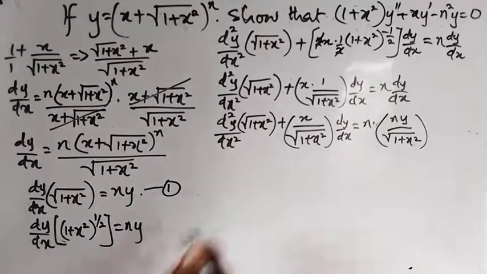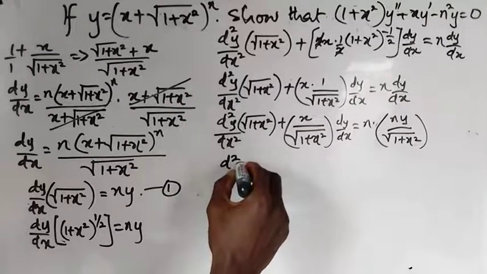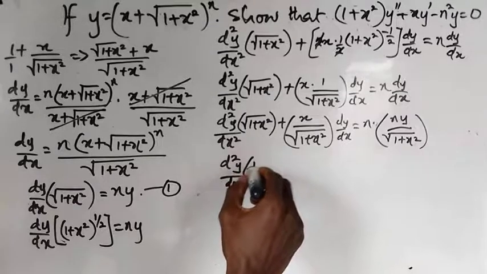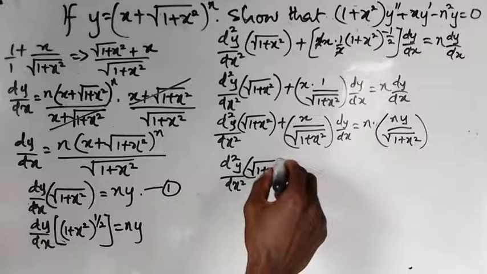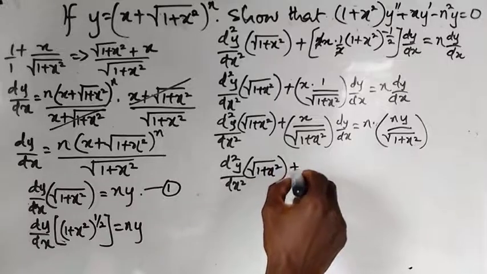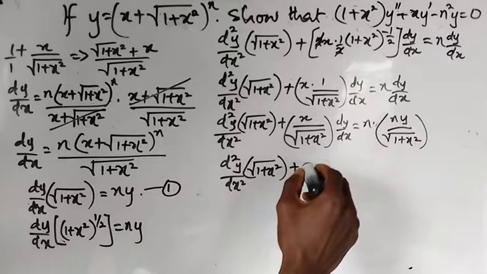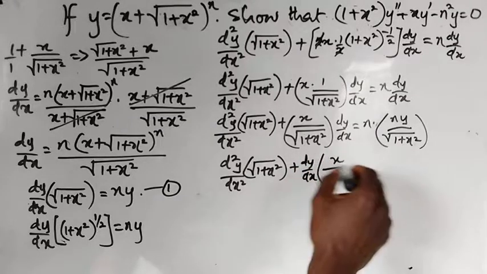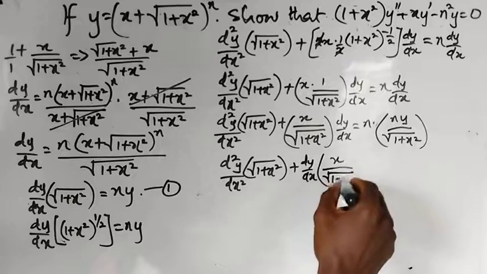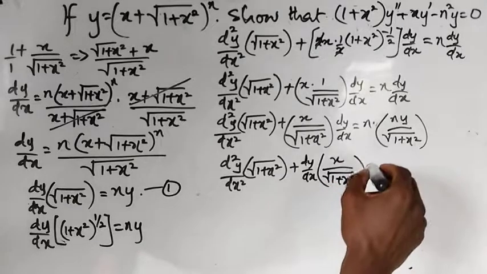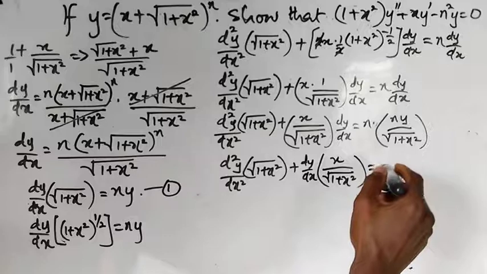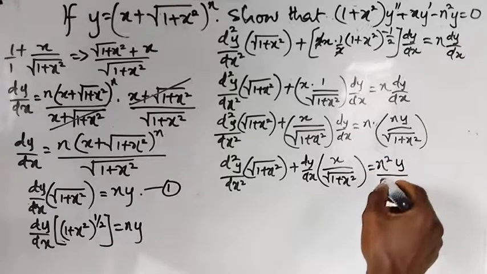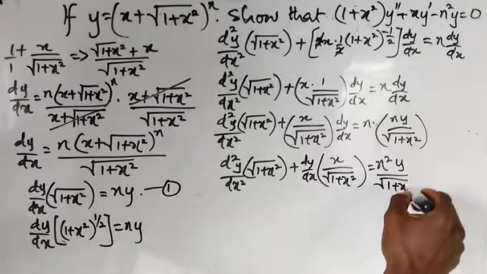So to this effect here, now we know that d²y over dx² times the square root of 1 plus x², plus, let me say, dy/dx times x over the square root of 1 plus x², then equals, when you multiply here, we have n²y over the square root of 1 plus x².